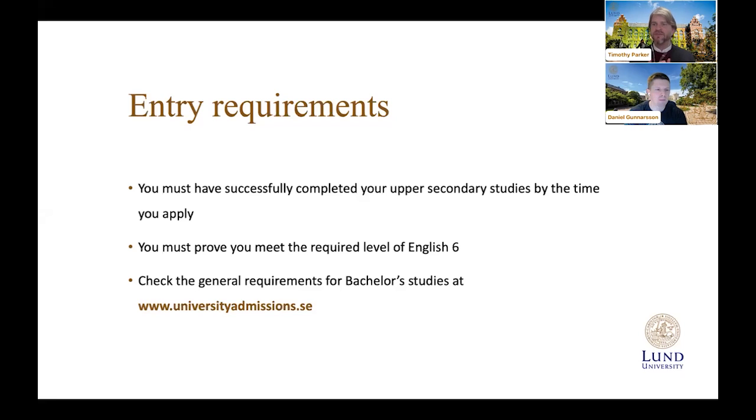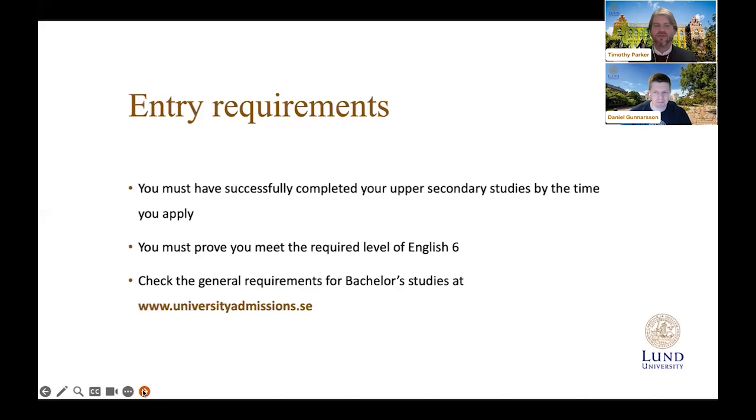So if you are looking to begin your bachelor's degree studies in late August 2024, and we're going to talk about the application deadlines shortly, but you'll soon realize that you need to have completed your upper secondary studies by February 2024. And of course, the one exception is if you're an EU student, that means that you can actually complete your studies a little bit later in June or July. We can, of course, take more questions about that one in the Q&A as well.